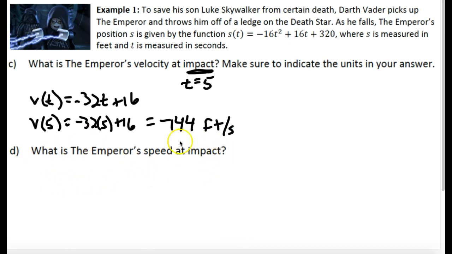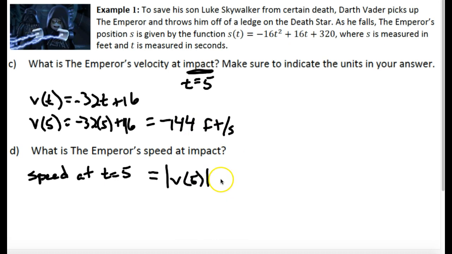Now we want to know the speed at impact. Well, speed, we know, is just equal to the absolute value of velocity. So the emperor's speed at impact, at t equals 5, is equal to the absolute value of v of 5, which we know is negative 144.